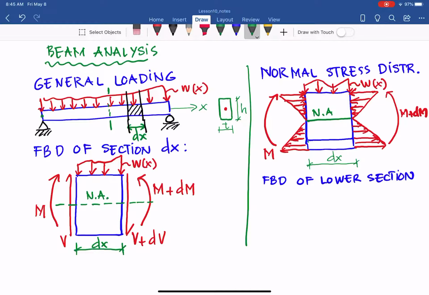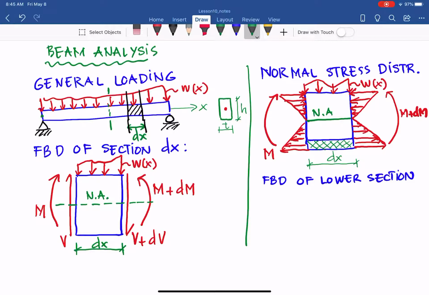This lower section. So one portion, the lower section of the differential slice. If you look at the book, they cut the top with that lower section, and it is dx.